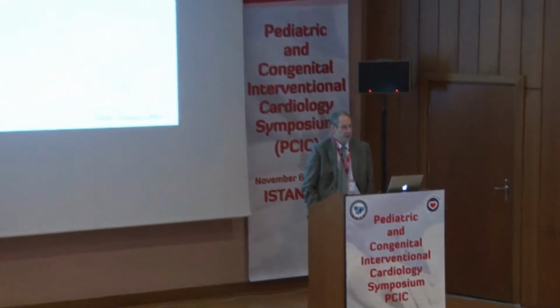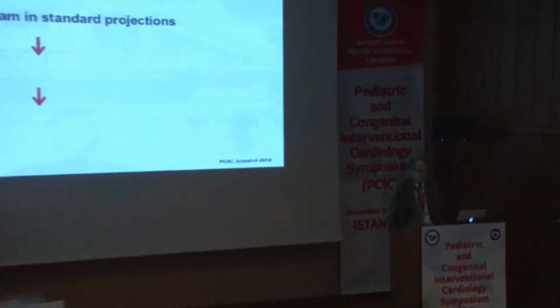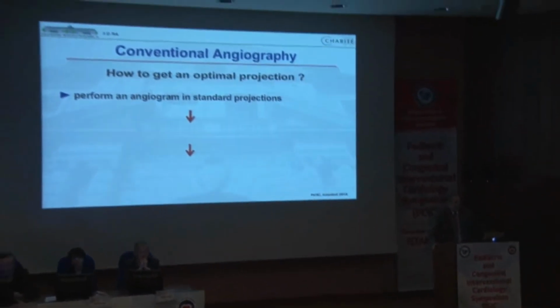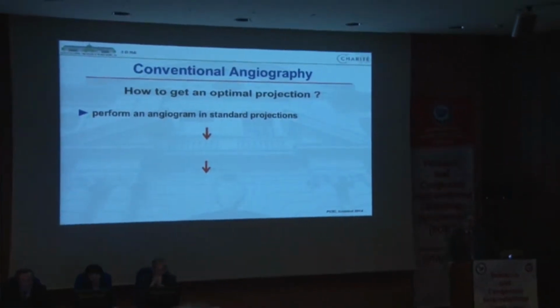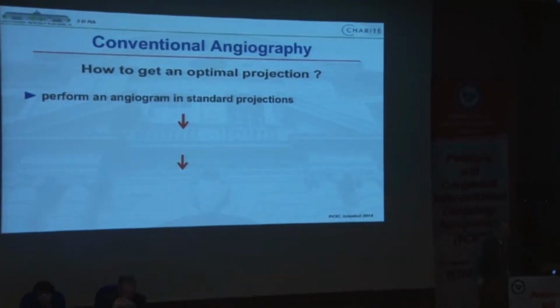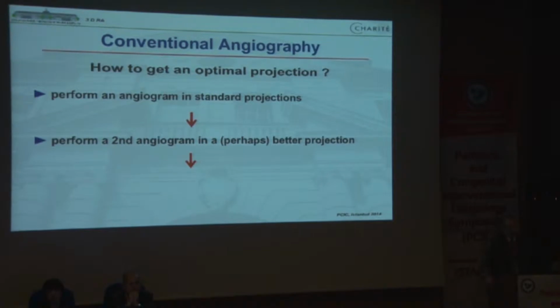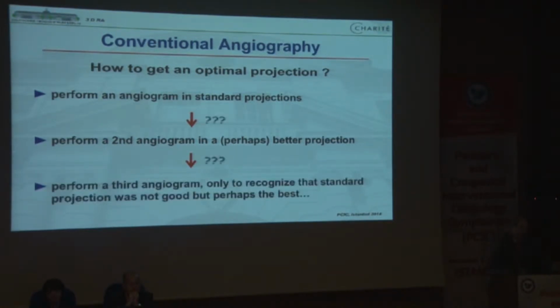So if you think about conventional angiography, it's always combined with the question of how to get an optimal projection of what you want to see. Normally you perform an angiogram in a standard projection, then a second angiogram in a probably better projection, and probably a third angiogram, only to recognize that the standard projection was not good, but perhaps the best of those three.